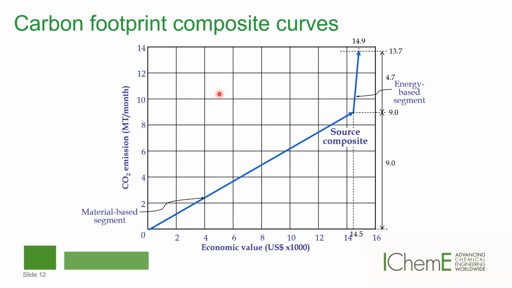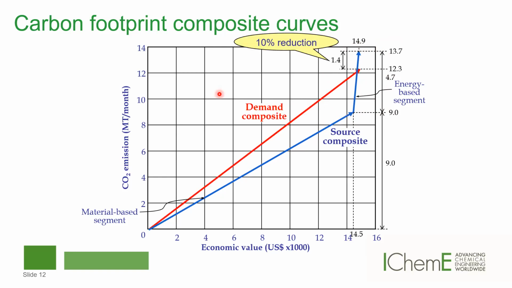So now we plot our demand curve, and this is the target reduction. Okay? So the target reduction is 10%. Ito yan. So 1.4, okay, 1.4 reduction. So we have to achieve this.